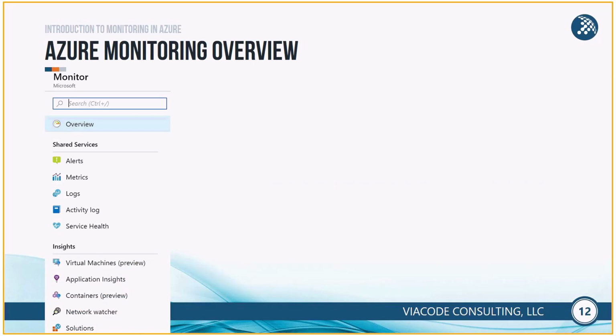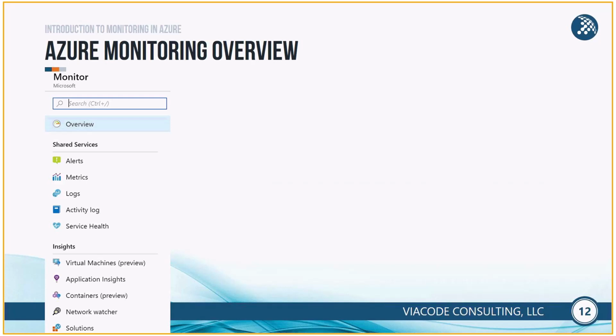And if you go to the Azure Portal and select Azure Monitor, most likely you will see something like this on your left-hand side. You would see familiar logs, activity logs, metrics, and then at the bottom you would see insights or solutions like Application Insights, Network Watcher, and so forth.